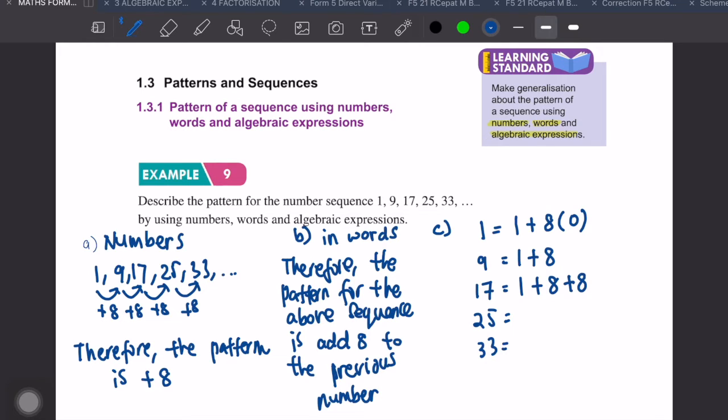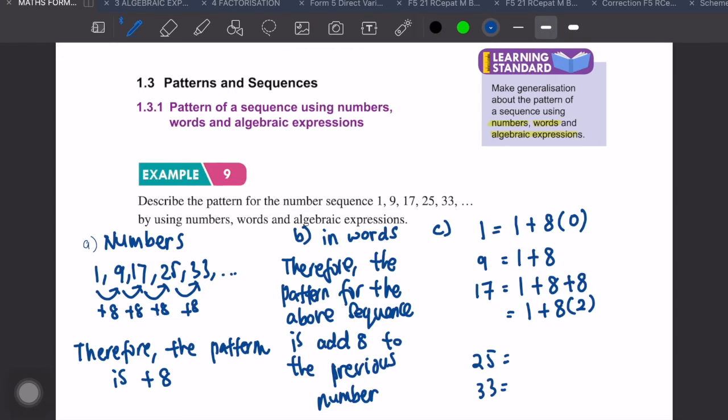So this part, actually I can rewrite it as 1 plus how many times of 8? You have 2 times of 8, so you can write it like this, 8 times 2.